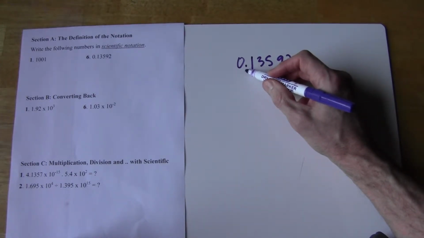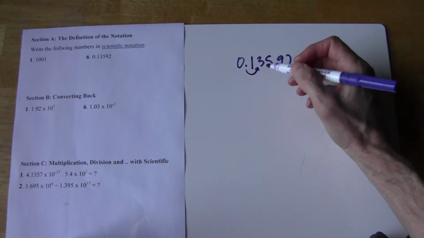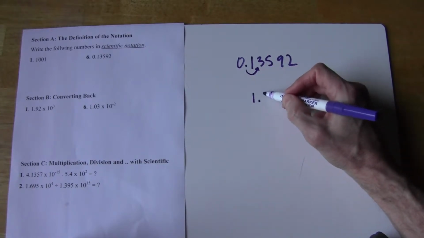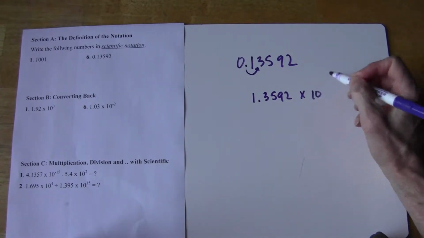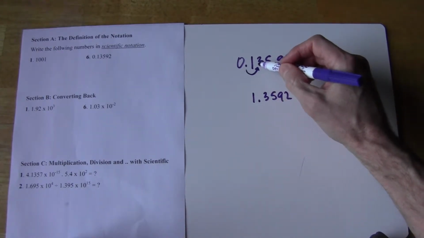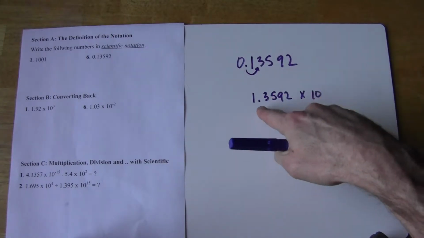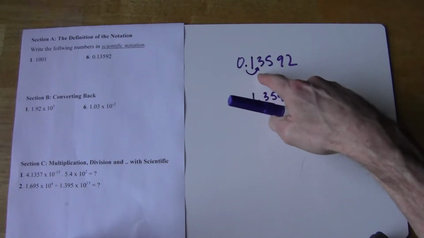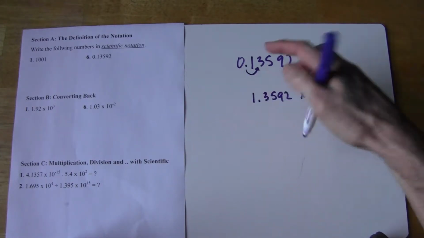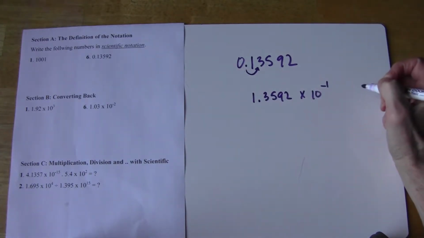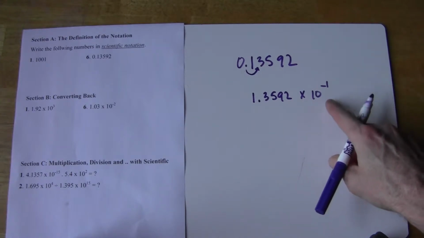So it's just going to move over one spot to the right. So it's going to be 1.3592 times 10. Now since I moved it one to the right, I moved it just to get it in this format. The decimal really belongs over here. So to get it back to there, I'd have to go -1.